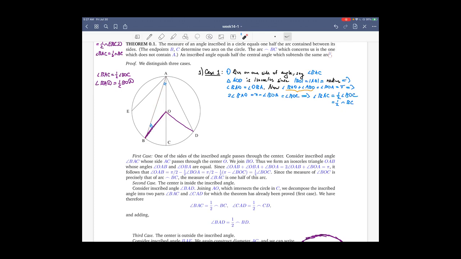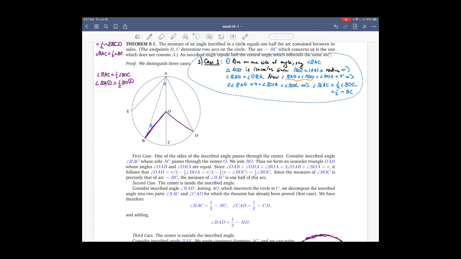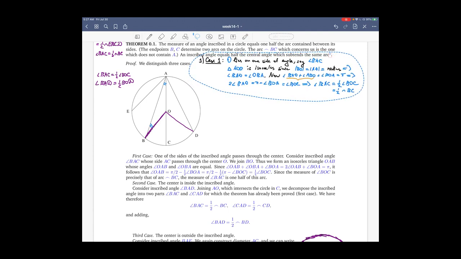Now the other two cases are reducible to the first case. So in the second case, the center O is inside the angle.